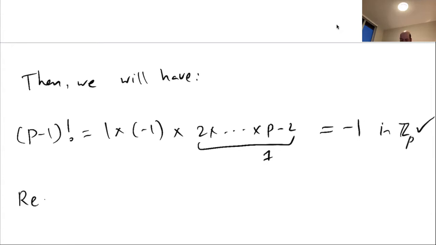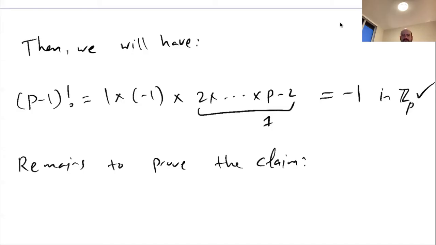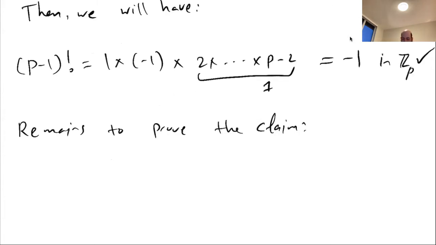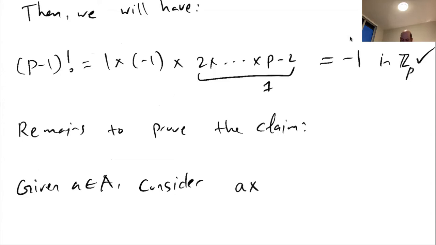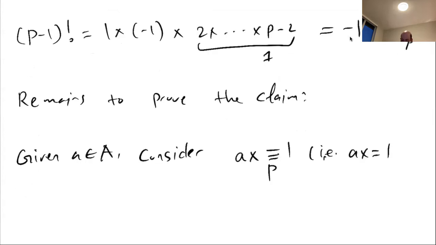So it remains to prove the claim. Now, given some element A in A, consider AX congruent 1 mod P, which means AX equals 1 in ZP.